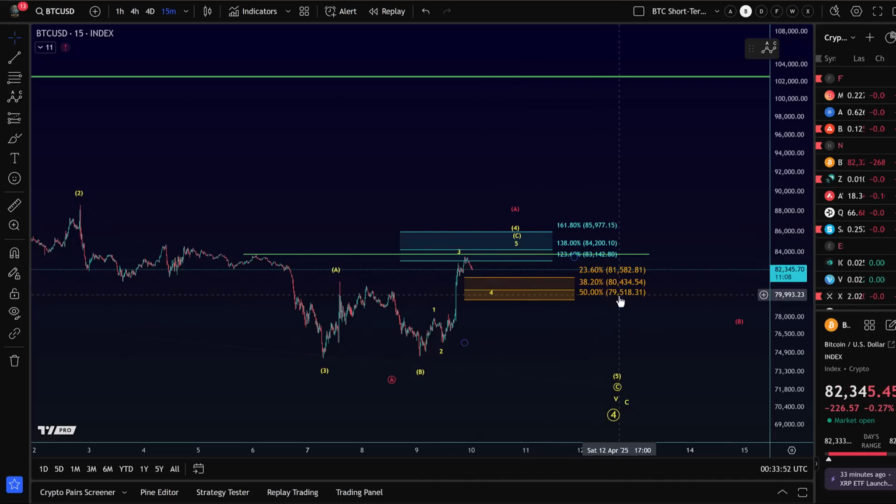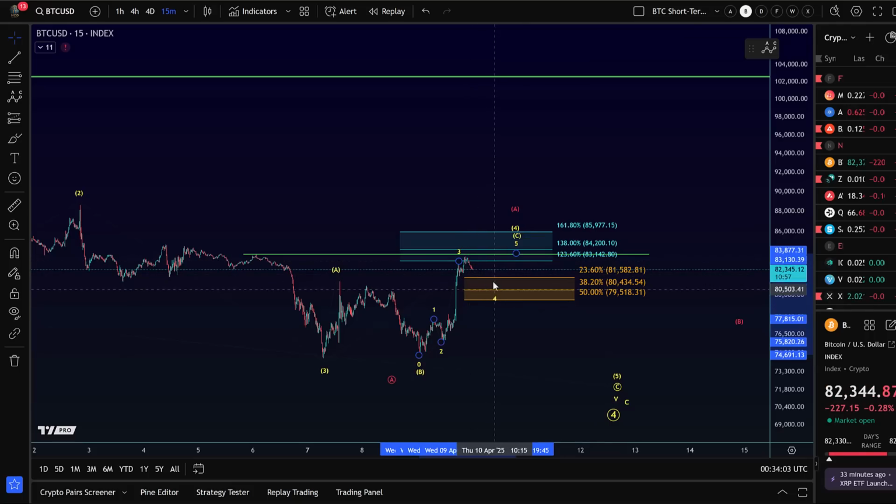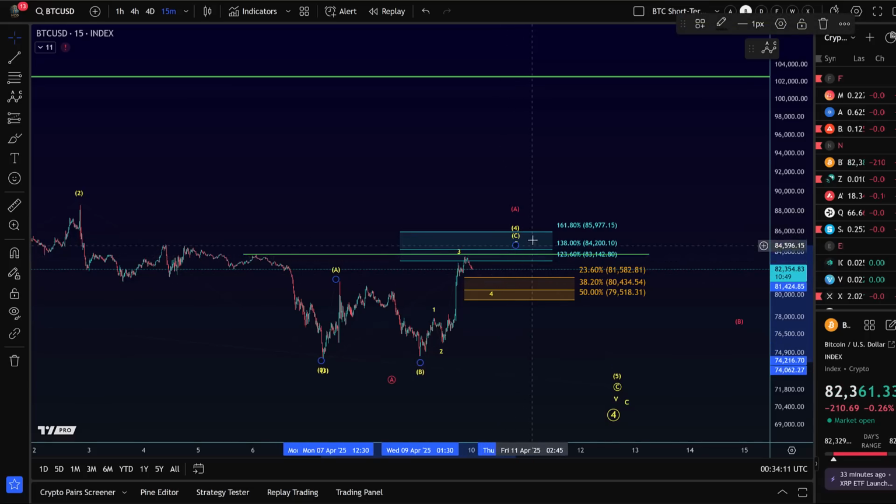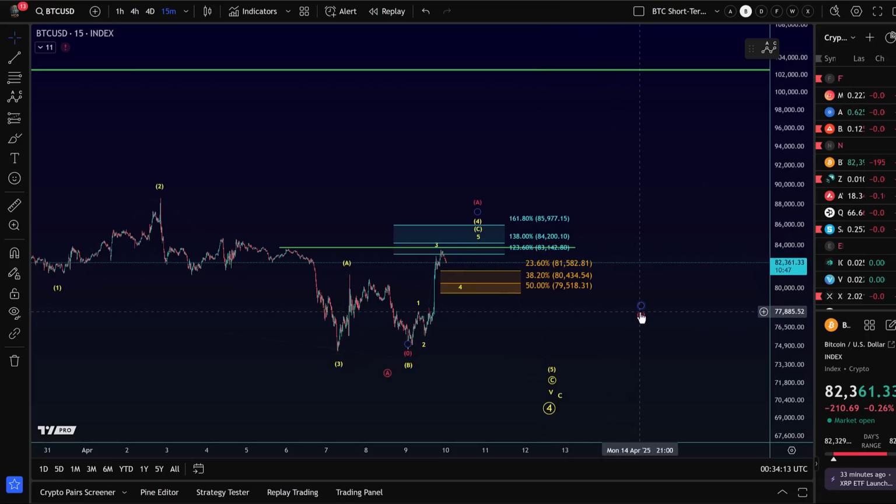So the micro support zone to watch right now is between 79,518 and 81,582. And if the market now forms a pullback, can find support here, one more high is expected. That would make this C wave quite full. And then the pullback afterwards will tell us the truth.